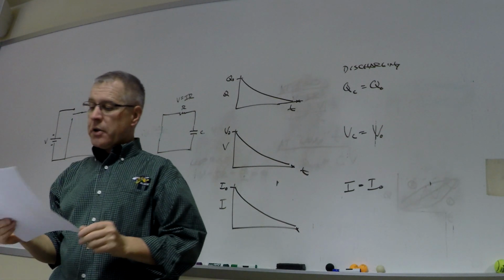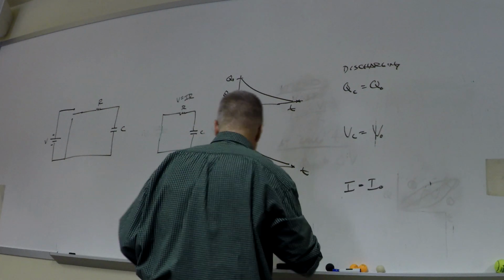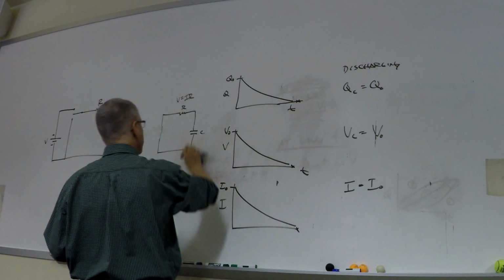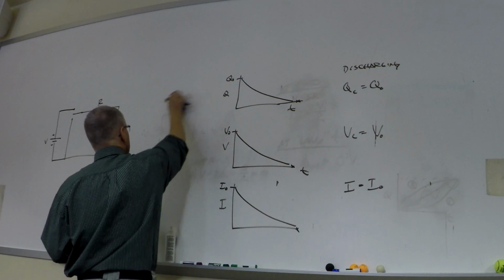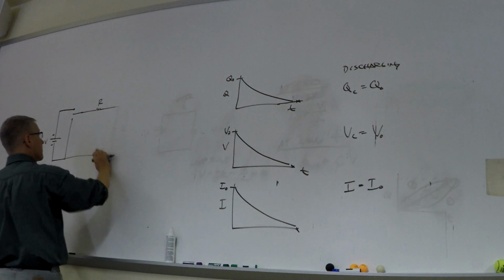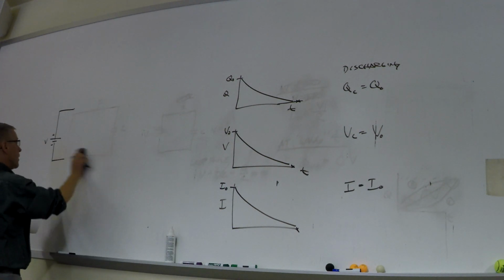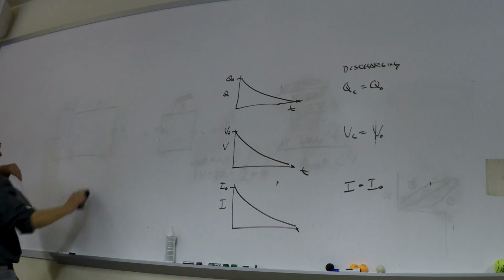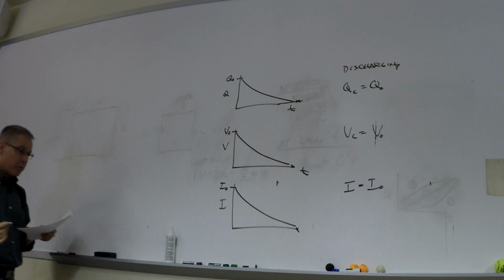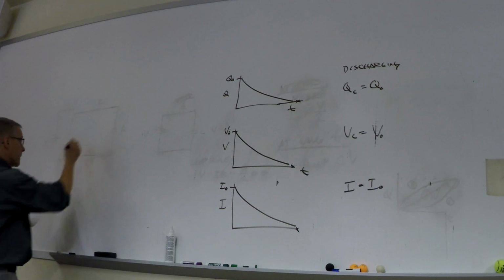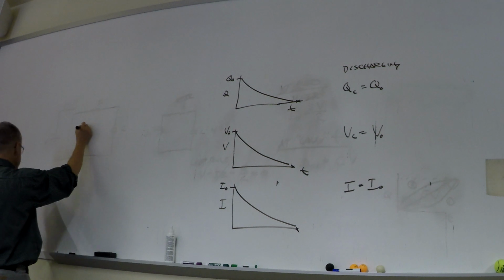I want to show you an interesting, pretty simple but pretty valuable, very practical RC circuit. And so you're going to figure out what this will do. We'll talk about a couple of examples where you can see this. So here's a nice RC circuit.